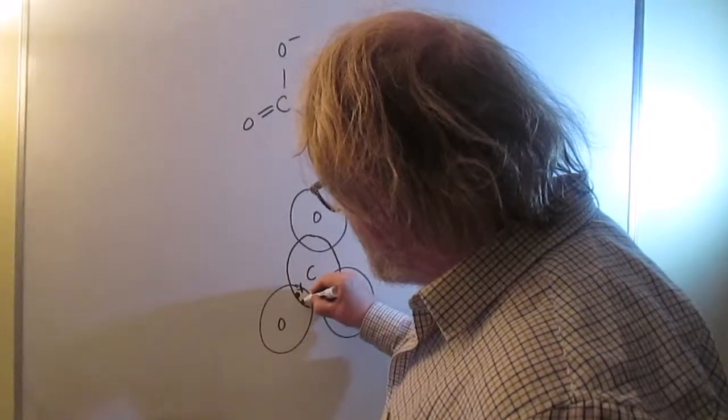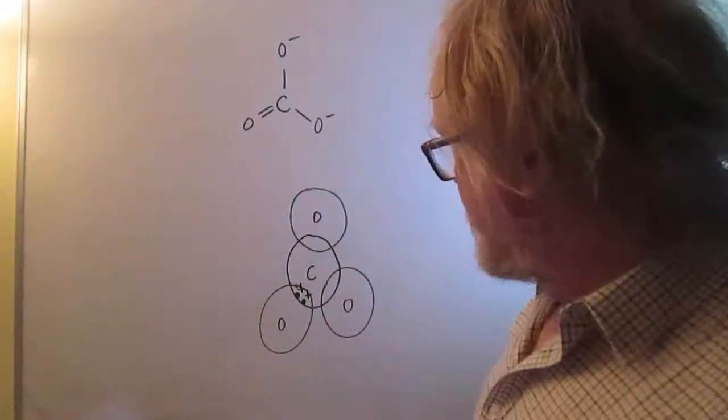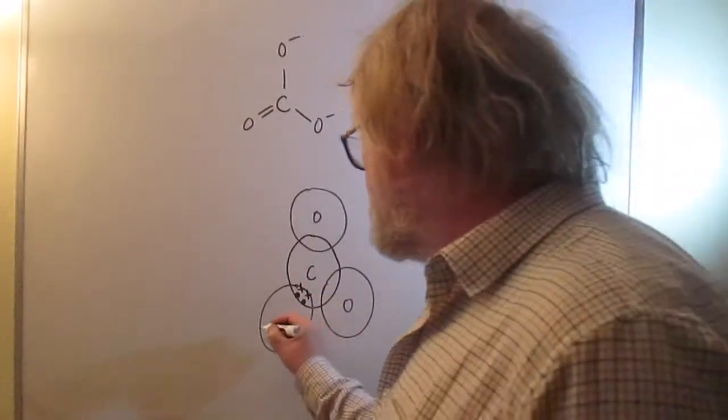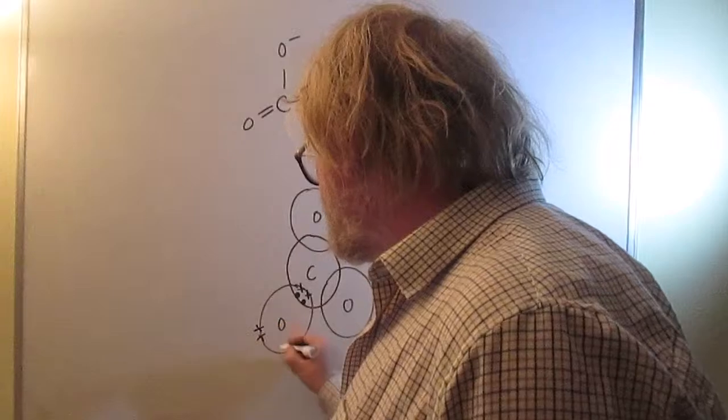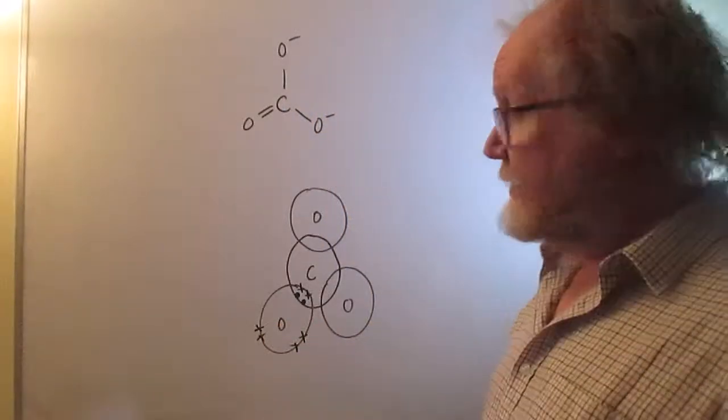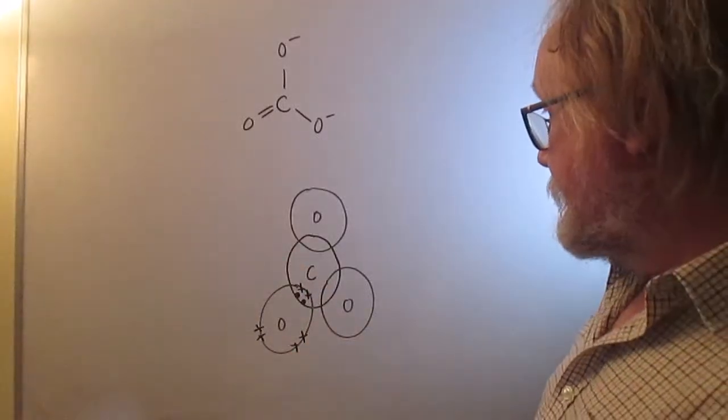So dot and cross, and if we're making the oxygens crosses, that's used 2 out of oxygen's 6, so it will have 2 crosses, 2 lone pairs as well, and that's dealt with that oxygen.